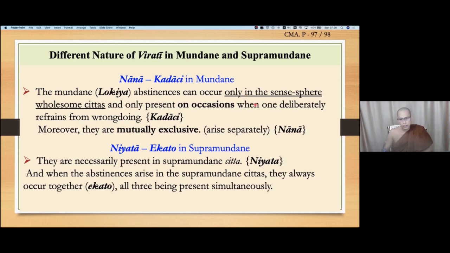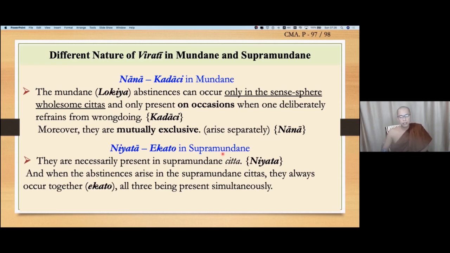they have a different nature in the supramundane level. In the supramundane level, they are necessarily present. So they must be present at the moment of supramundane consciousness, magga or phala. When the supramundane consciousness arises, the Noble Eightfold Path must be present. All the mental factors of the Noble Eightfold Path must be present.